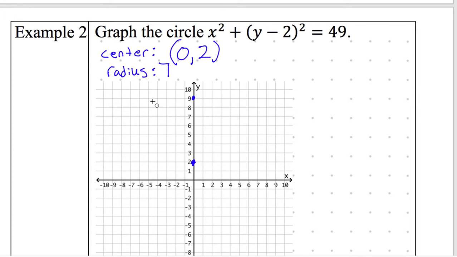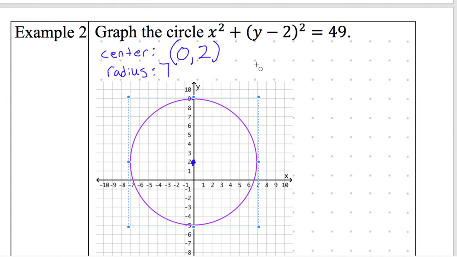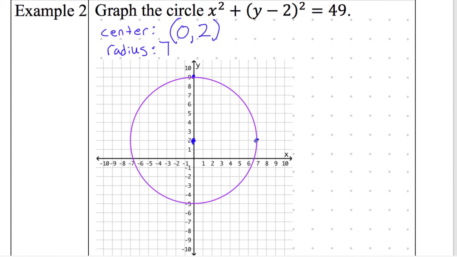So let's see if Mr. Sindel can try doing this. If I come out to right here, theoretically should make a circle like that. All right, notice that my circle goes through this point, which is 7, 2.